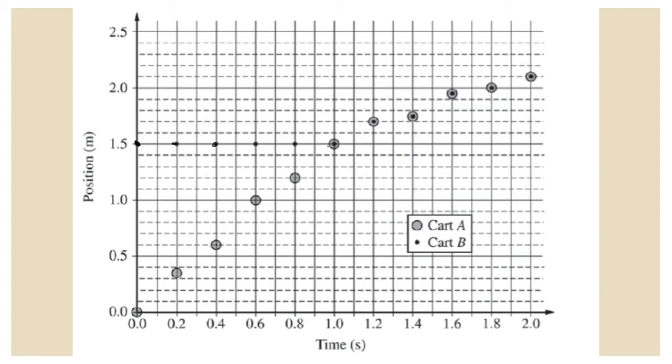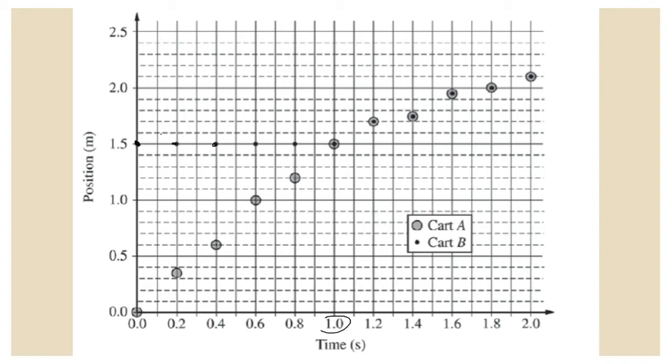And then what's very important to realize is you see the black dot for cart B inside of the circle for cart A. That's how we know the carts are stuck together, because after the time of the collision, which is at 1 second, these carts are always in the same position. Now, it's also important to realize, whether you've realized it or not, that these data perfectly represent what we were just talking about in our simulated experiment.